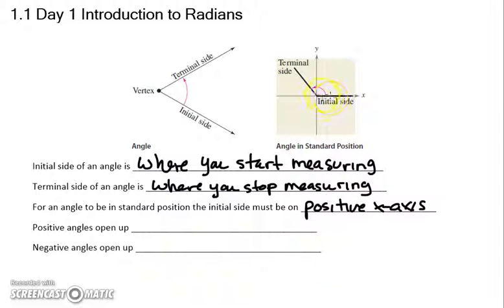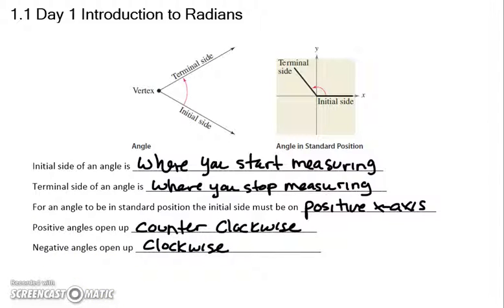So it's always going to be right here for our initial side. Now there's two types of angles. We're going to have positive angles and negative angles. Both of these here are going to be positive angles because they open up counterclockwise. And then negative angles are going to open up clockwise.